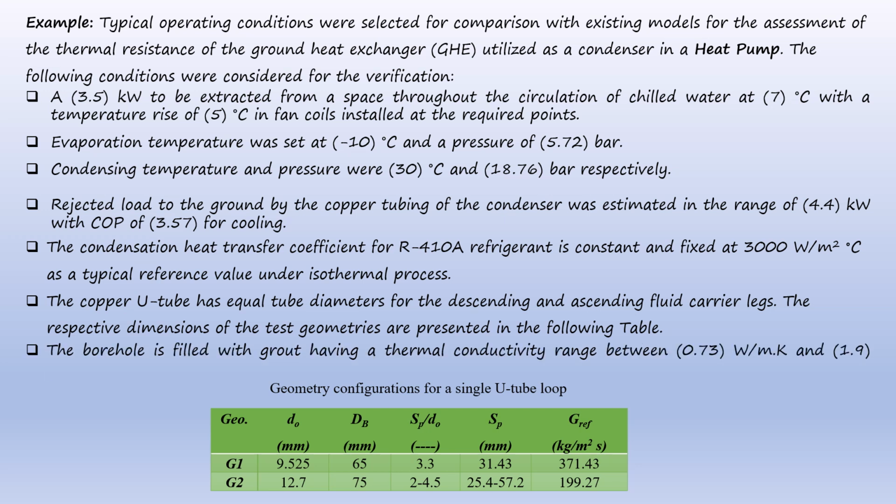Of course, we have to use a thermal conductivity for the grout material, which we have selected even in previous episodes when we examined the other correlations, to be in the range between 0.73 to 1.9 watt per meter Kelvin.